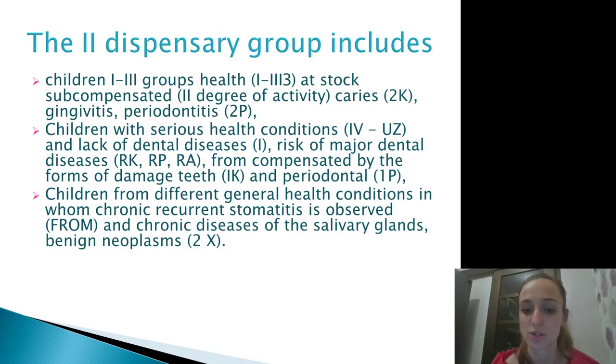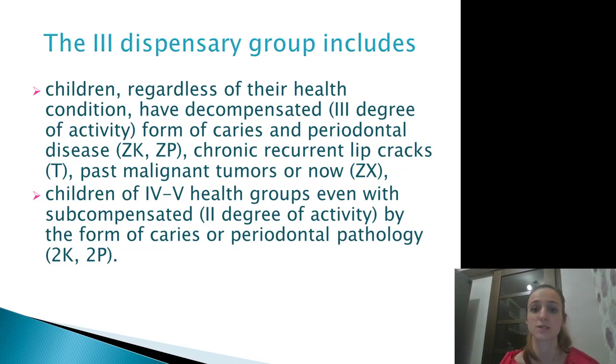And children from different general health conditions with chronic recurrent stomatitis, and chronic diseases of the salivary glands, benign neoplasms. The third dispensary group, children, regardless of their health condition, have compensated form of caries and periodontal disease and chronic lip cracks. Past malignant tumors or now tumors.